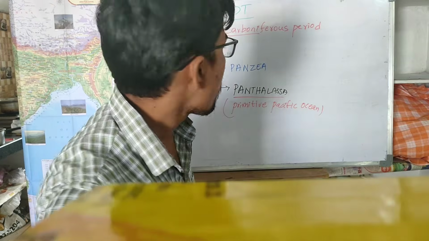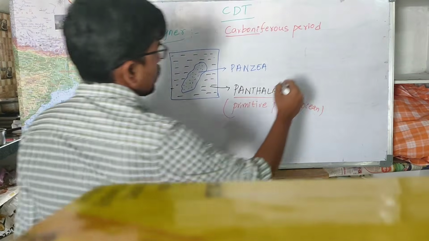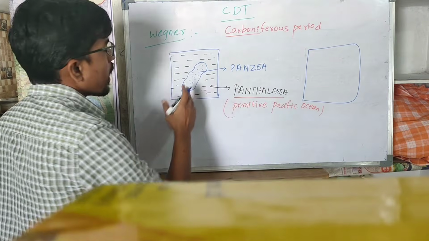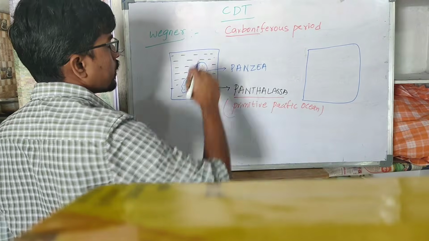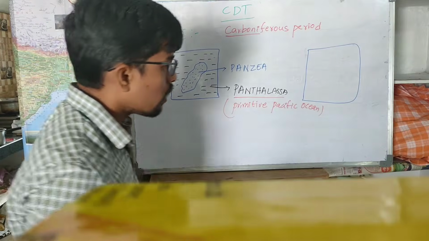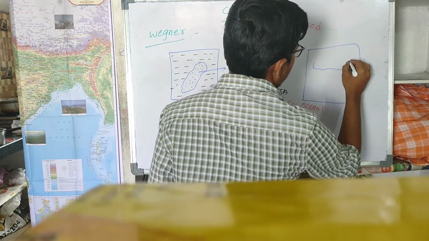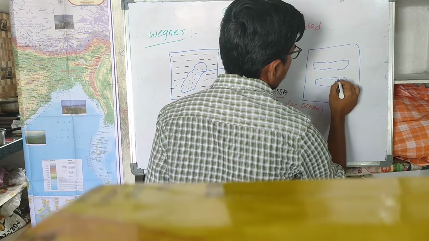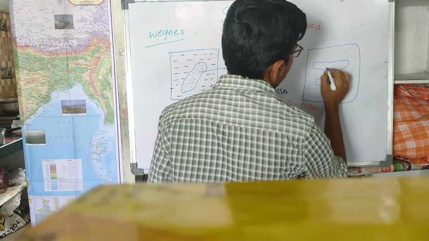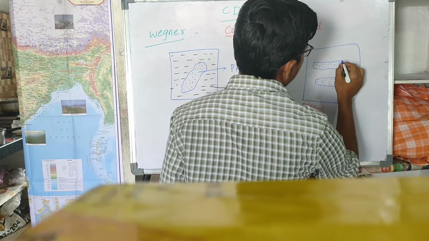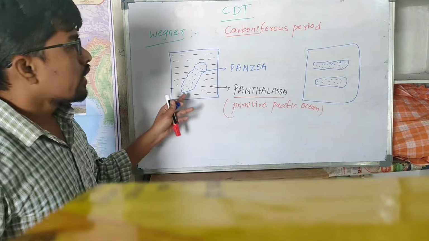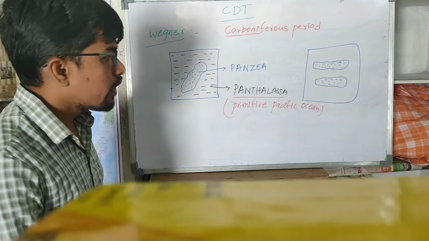A long time back, in the Carboniferous period, the Pangea broke into two super landmasses. This supercontinent was divided into two parts.